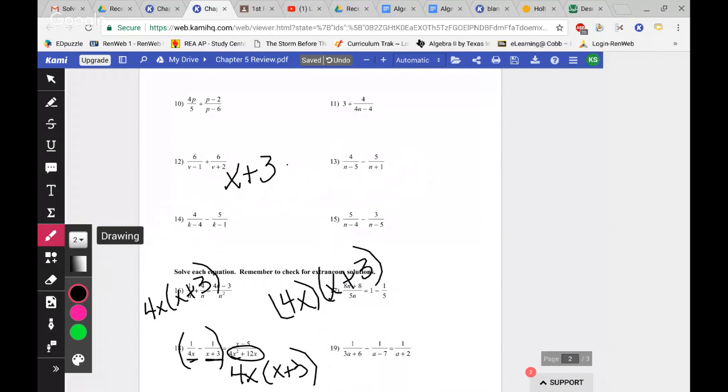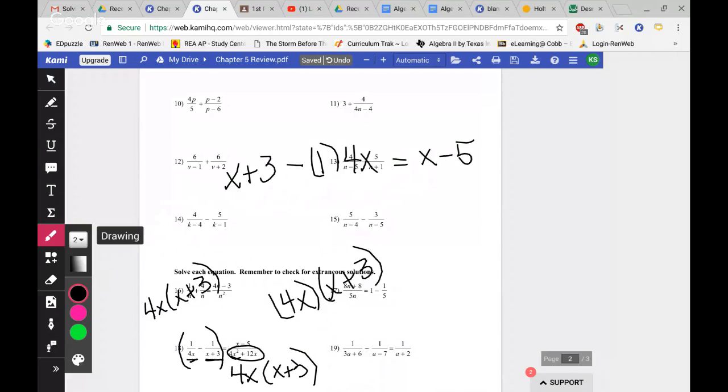And then I've got a minus 1, if you will, because that's the numerator, times the 4x, because that's what's left after the x plus 3's cancel. And on the other side of the expression, the 4x squared plus 12x actually cancels all the way. So that leaves me with a 1 times x minus 5, which is just x minus 5.